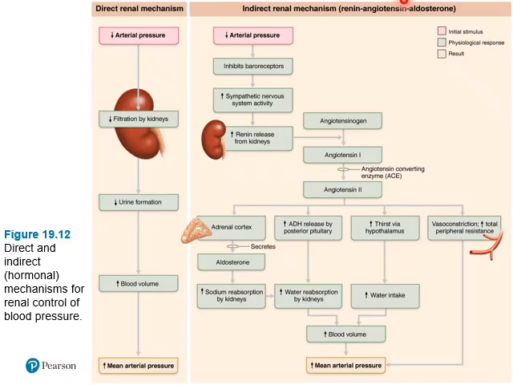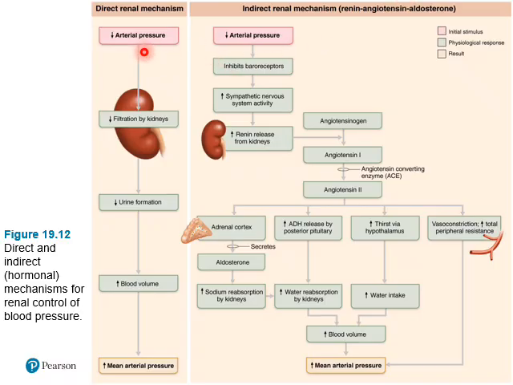An increased blood pressure or blood volume will cause the elimination of more urine, thus reducing blood pressure. A decreased blood pressure or blood volume would cause the kidneys to conserve water and blood pressure rises.